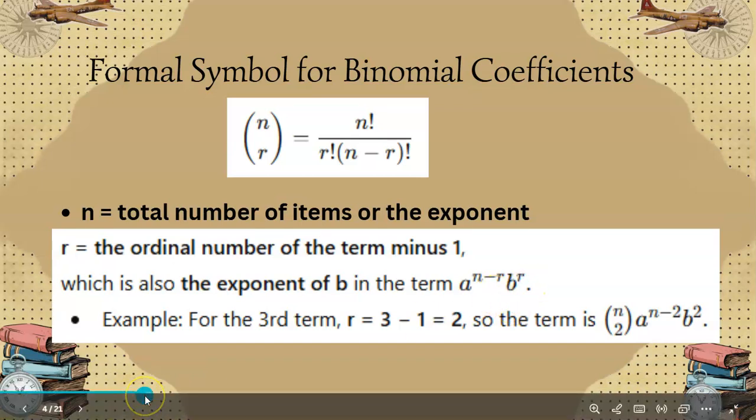For example, for the third term of the expansion a plus b raised to the power n, r is equal to 3 minus 1, that's equal to 2. So r is 2, and the term is n choose 2, a raised to n minus 2, b squared. Again, r is equal to 2 for the third term.